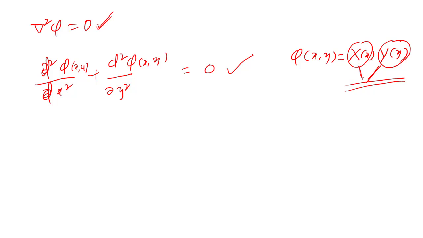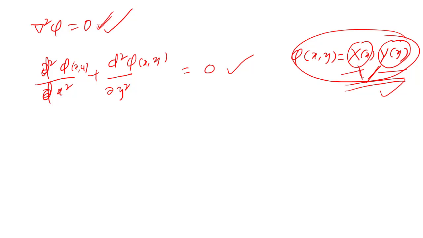So not all the solutions to del square phi equal to 0 could be expressed as a product of a function that depends on x and a function that depends on y only, like X of x and Y of y. Nonetheless, if we could find some solution of this form, then we could go back here and satisfy the boundary conditions. Then we know that we have a unique solution.